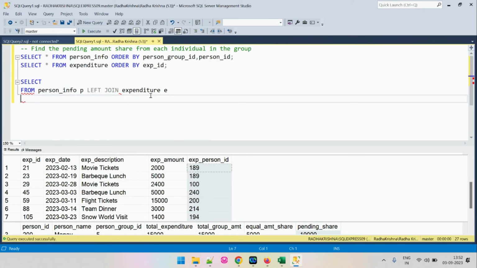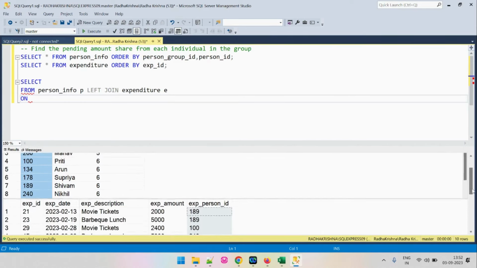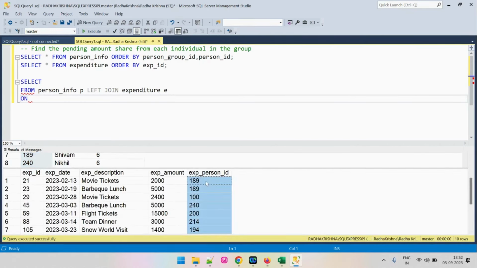Let's give the alias E. In the first table the person ID is present in the person ID column, and in the expenditure table the person ID is present in exp person ID. We will use these two columns to join the tables. From the person info table we will use person ID, and from the expenditure table we will use the exp person ID column. This way we will join the two tables.